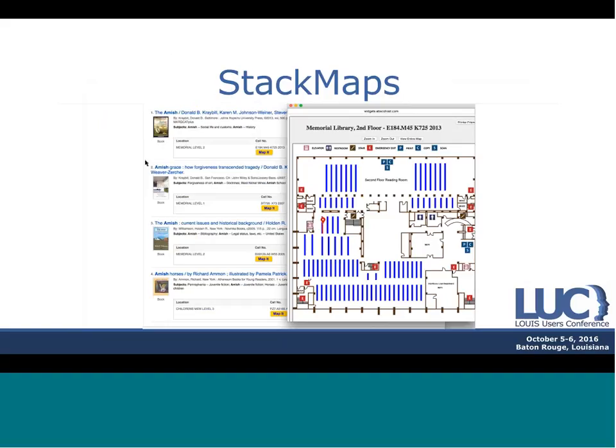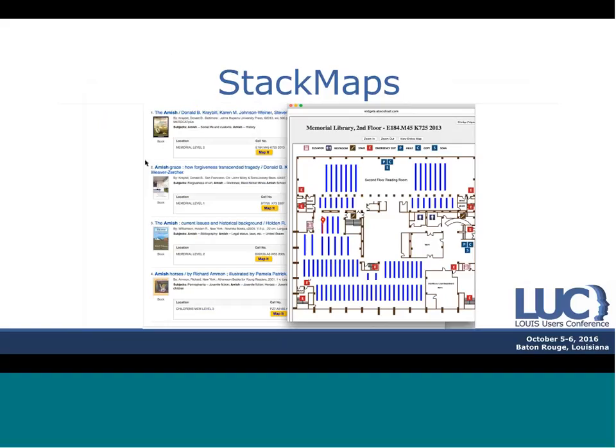Stack Maps was another one of these integrations. I think it's the last one that I've got in this list, but Stack Maps was one. I've got one more after this. Stack Maps was one where the company, Stack Maps, does these really good maps of where library materials were, and people wanted to use EDS as their catalog, so we wanted to be able to give them a way to link to those Stack Maps integrations.